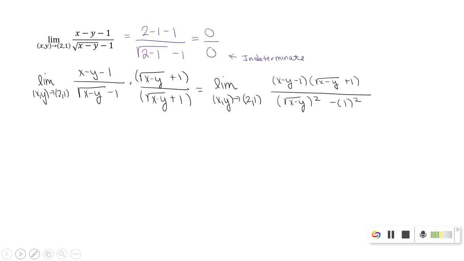So now I'm left with the limit as (x, y) goes to (2, 1). On the top, I just copied down the two factors that we're multiplying together: (x minus y minus 1) multiplied by (the square root of x minus y, plus 1).